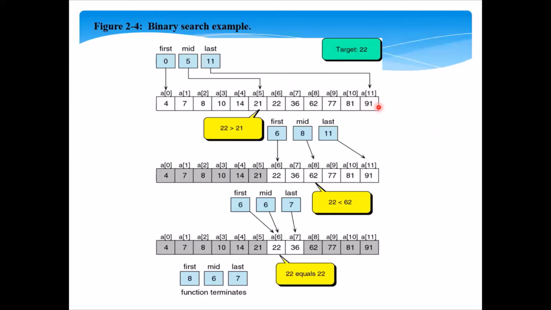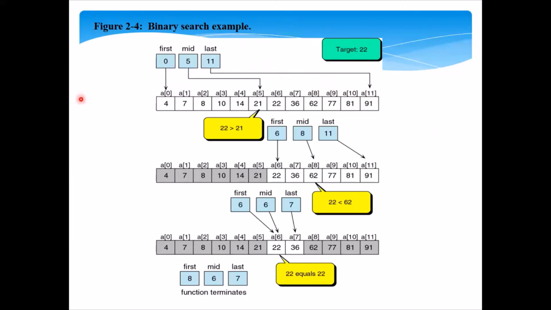So how are we going now to get the first? Since we already omitted the lower half of the list in the array, we're going to change the value of the first. We're going to point our first to the position after the mid. We are going to get the upper half, so the last will not be changed, but we're going to change the position of the first.